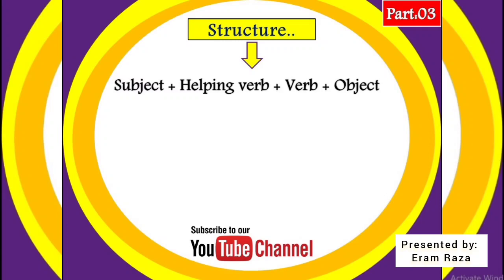Okay, so the structure will be the same: the subject will come in the beginning of the sentence, and right after the subject, you will have to write the helping verb if you have a helping verb of any tense in which you are going to write the sentence. If there is no helping verb, then you have to immediately write the verb right after the subject.